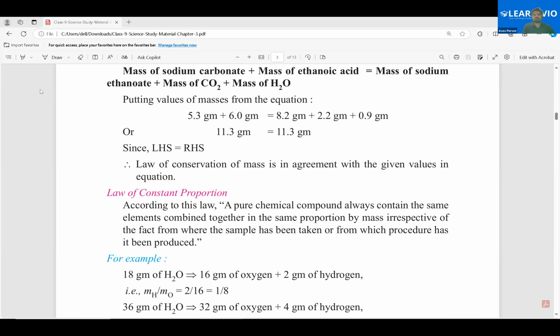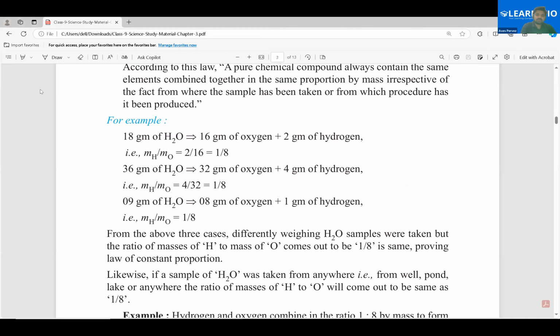What does the law of definite proportion state? In the law of definite proportion, in a chemical substance the elements are always present in a fixed proportion by mass. Very good. Elements are chemically combined together in a fixed ratio by mass.